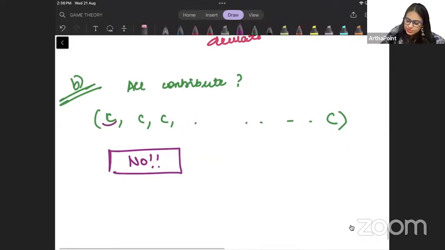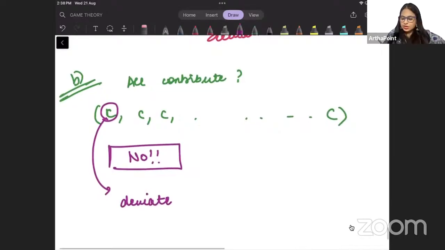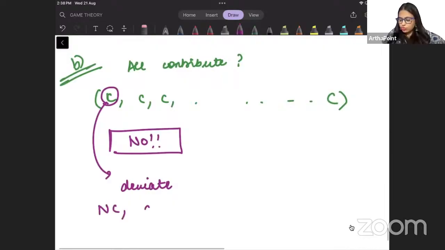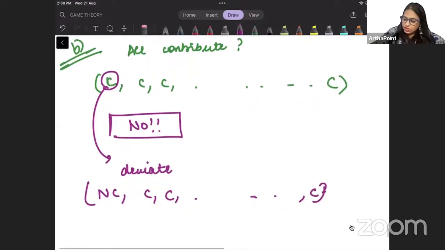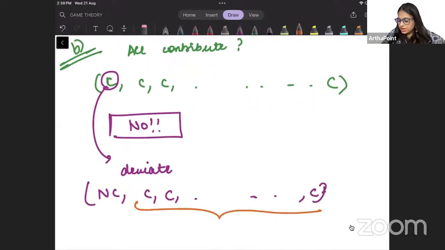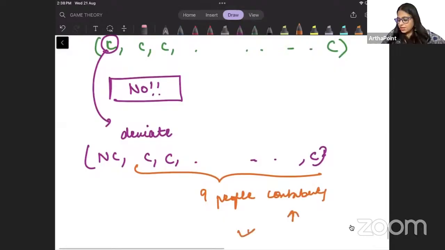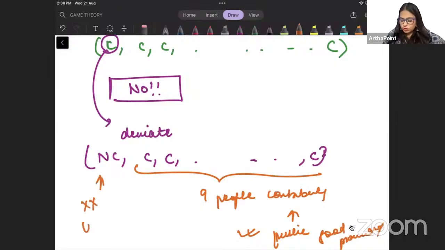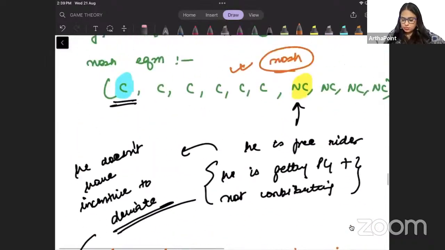Because this one person, he can deviate. If he deviates, what will be the outcome? Not contribute, contribute, contribute, and till end contribute. So if this person deviates, still 9 people are contributing. We needed only the contribution from 6. Matlab public good will be provided. But no contribution from this person. So he's free riding. So he's in outcome number 1.